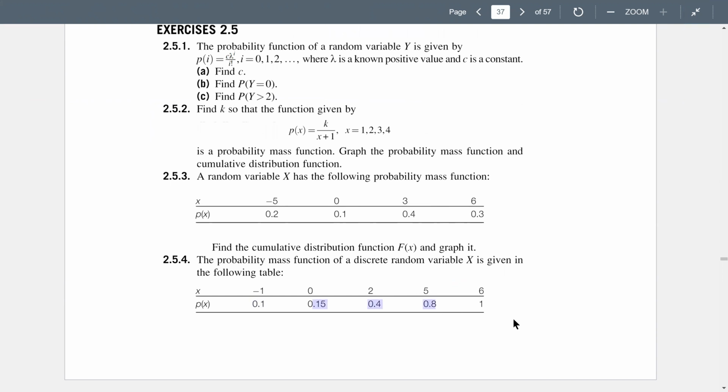There is a typo in here. It cannot be 1. Look at this one, this is correct: 0.2, 0.1, 0.4, 0.3 sums to 1.